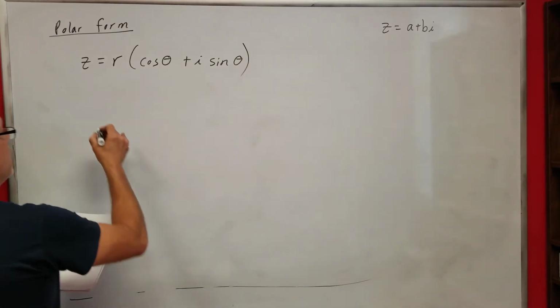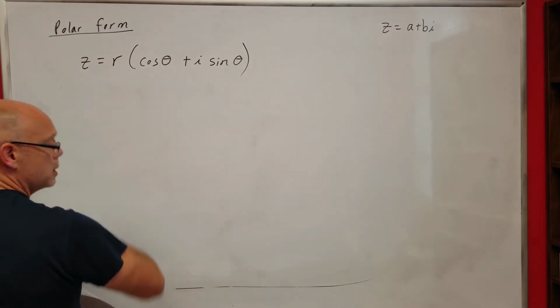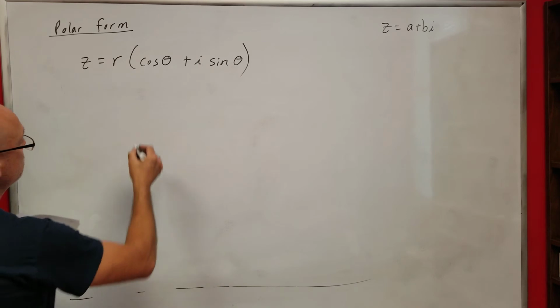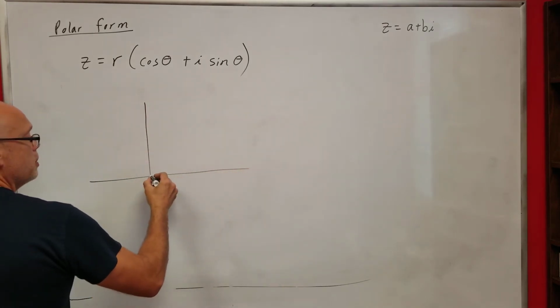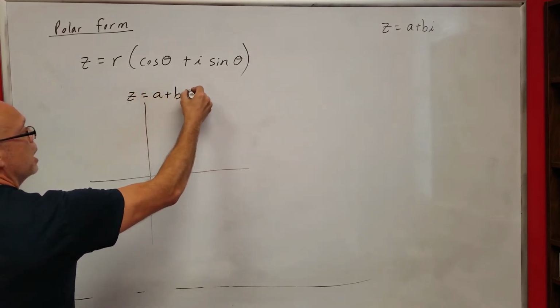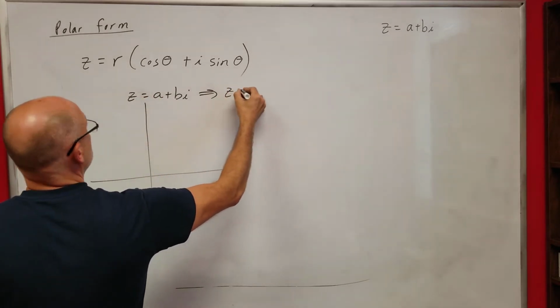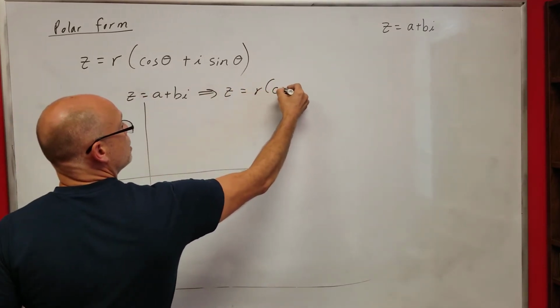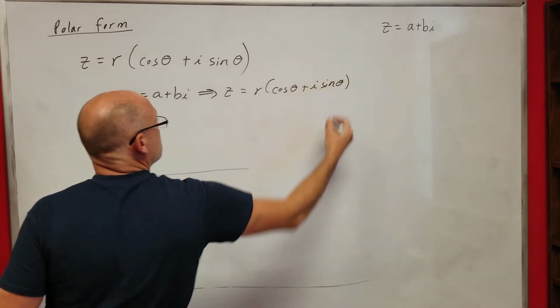I'll tell you what, let's just go ahead and derive this. Why not? It makes it easier to understand. Let's suppose I have z is equal to a plus bi, and I want to go to z is equal to r times the cosine of theta plus i sine of theta, okay?